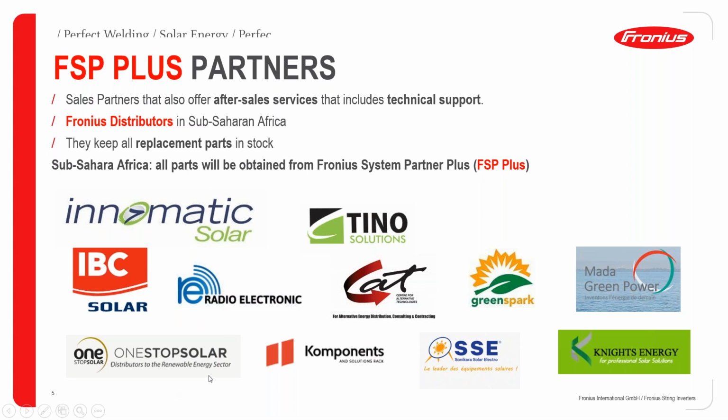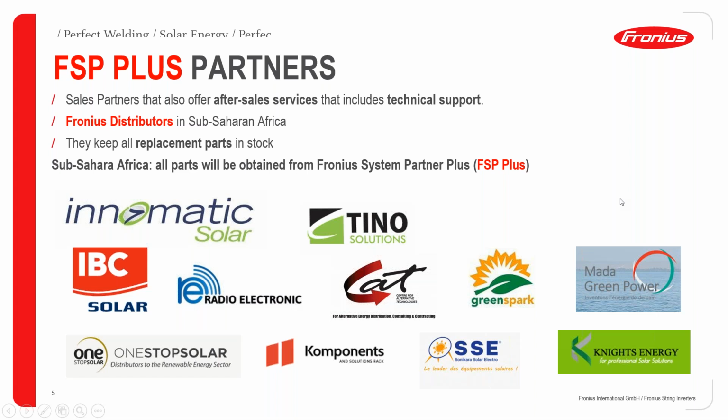If you are in Zimbabwe, it will be One Stop Solar. If you are in Ghana, it will be Tino Solutions. If you are in Kenya, your distributor could be CAT, GreenSpark or Knights Energy. If you are in Nigeria, Components and Solutions will be your distributor. If you are in Senegal, it will be Sonikara. If you are in Madagascar, it will be Mother Green Power.